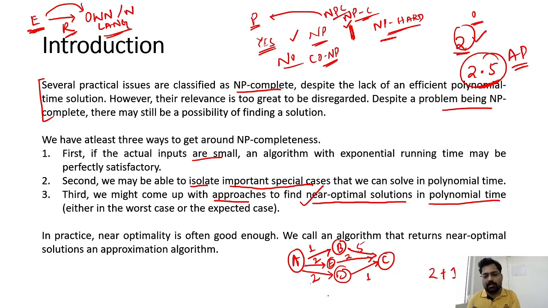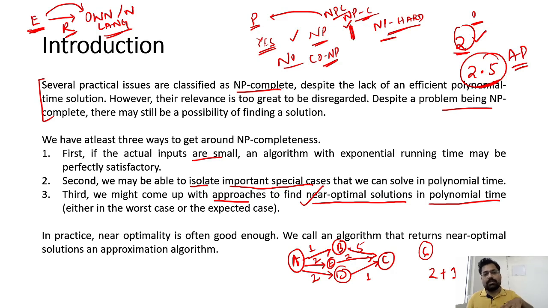That we know is the shortest path. But if you use a greedy approach, just take this as an example. As for the greedy approach, the shortest edge will be picked first. So 1, then 5, it is 6.